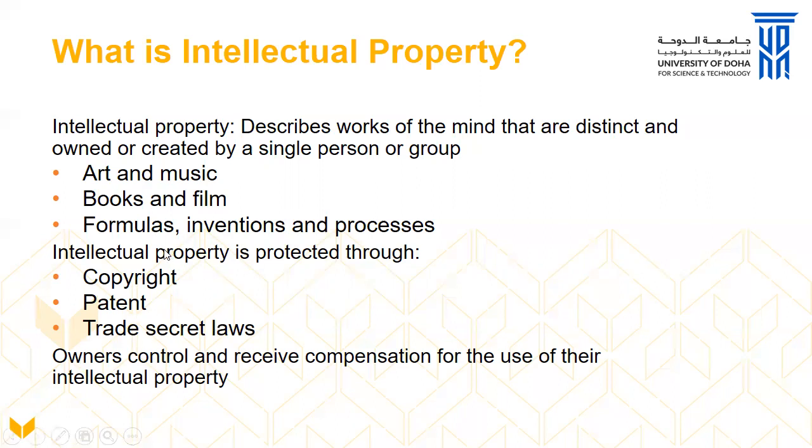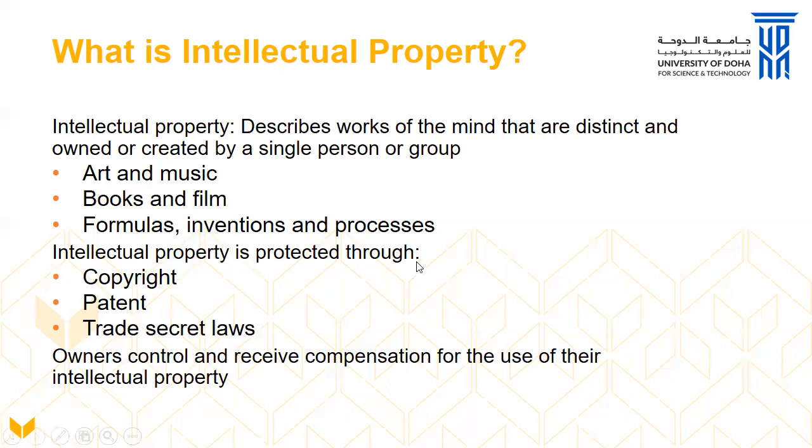And so I mentioned it extends to music and books and anything that you might write, but it also extends to software. So if somebody creates a software package, they have the intellectual property right to that.